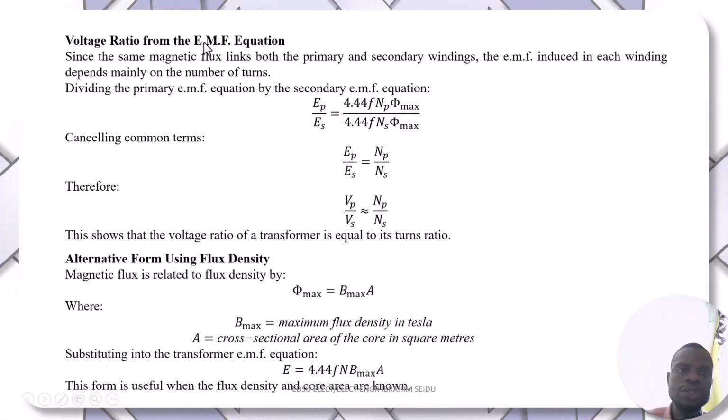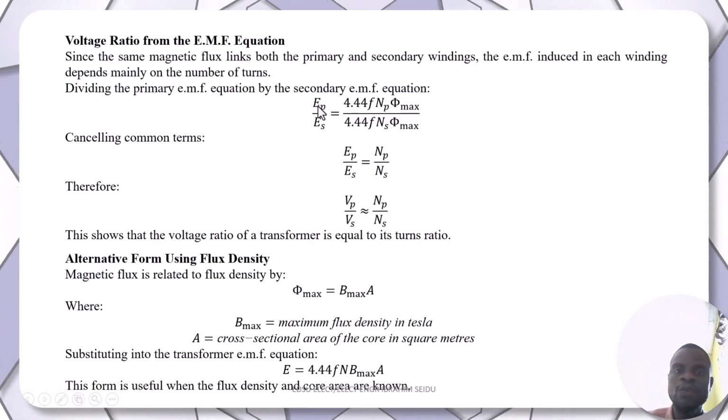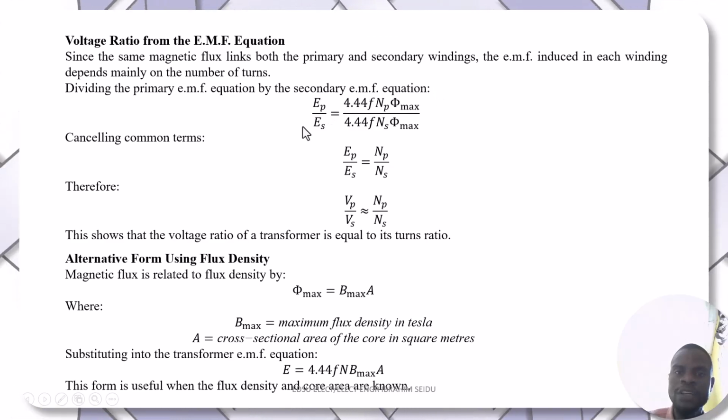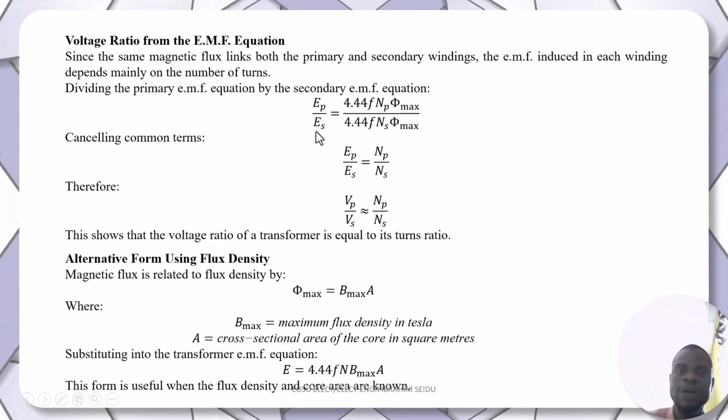So the voltage ratio for the EMF equation is this. For our primary, we have this, while for our secondary, we have this. Don't forget, this is the same as our turns ratio.